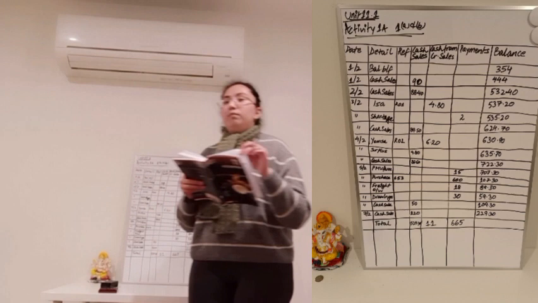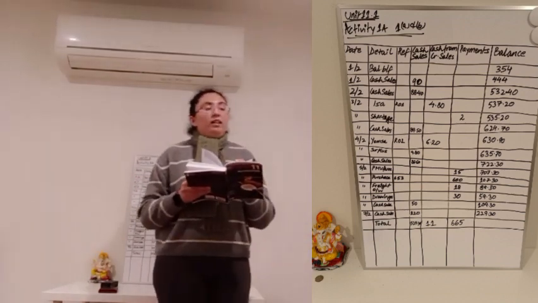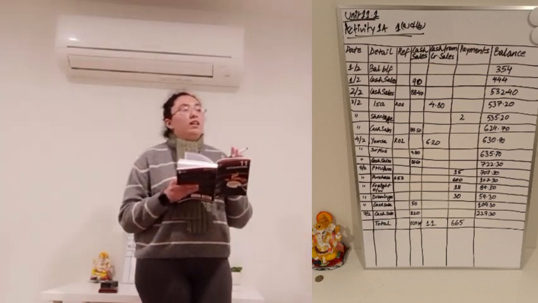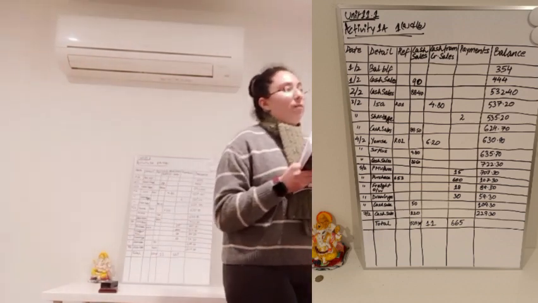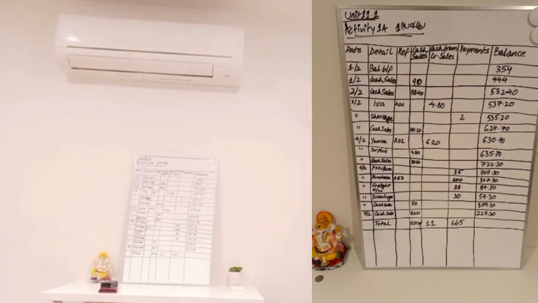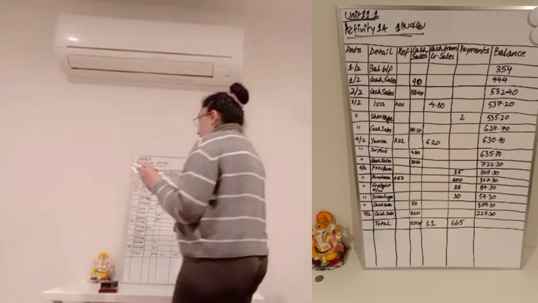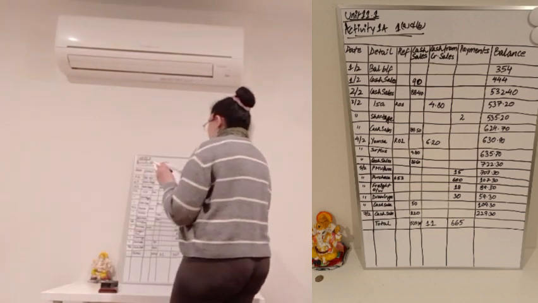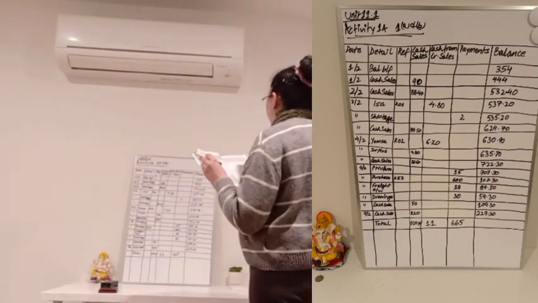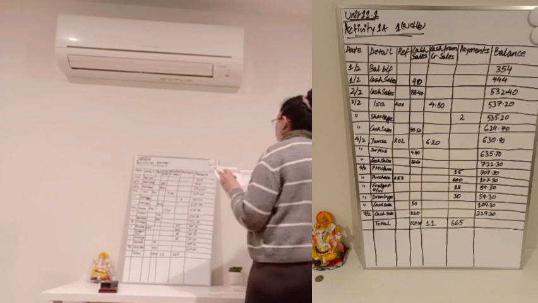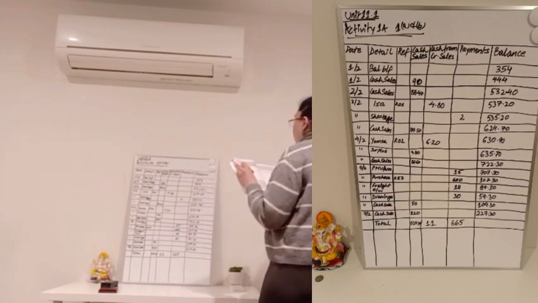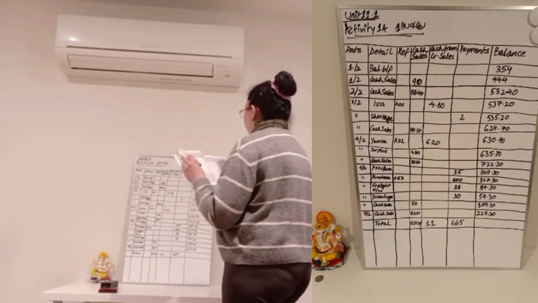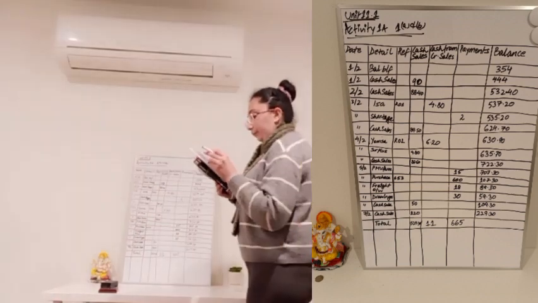When the balance of the cash book is greater than the actual cash balance, then that's a shortage. So that's why it's in the payments category. We are $2 short, so we'll subtract $2 from it, and the balance becomes 535.2.